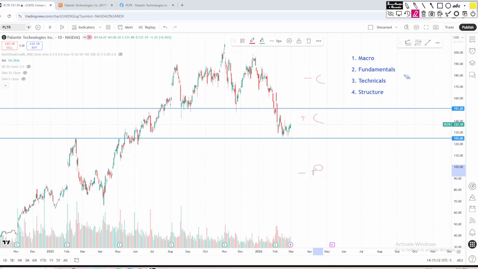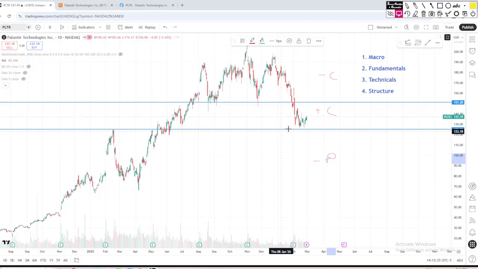So that's the structure. Okay, so let's recap. It's been a long video. Okay, first we go over the macro. It's positive, good. Then we go over the fundamentals. You want a strong, fundamentally driven stock. This is it. Okay, the technicals come in after the trade has been identified before with the macro and the fundamentals of this particular stock. I know I want to get into it. Then I look at the technical picture to see when I enter.